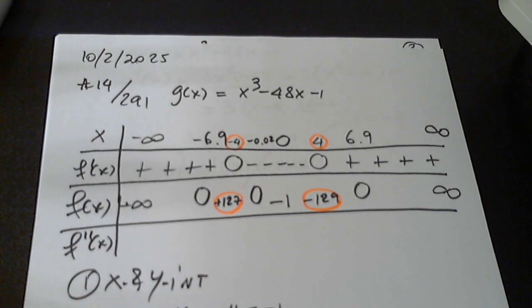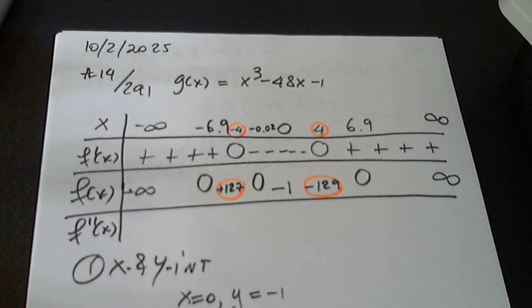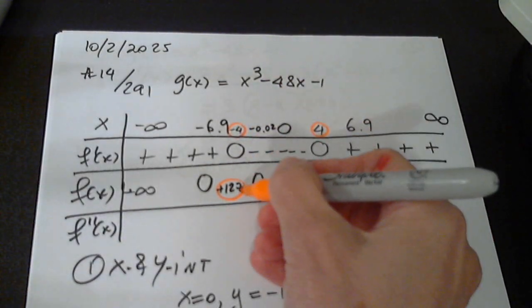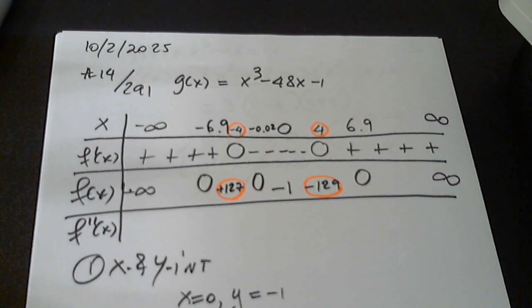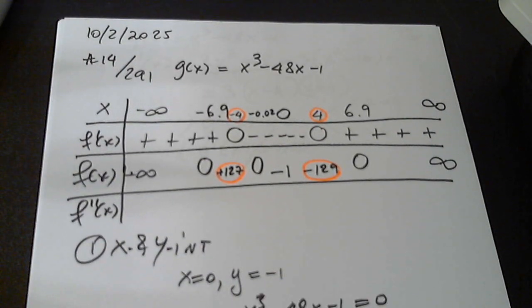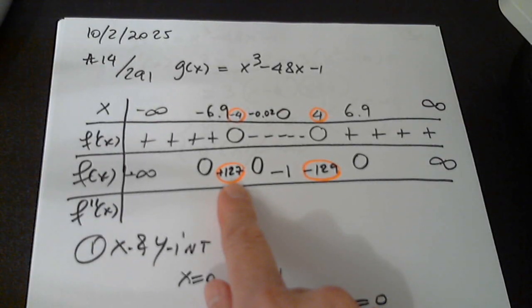Can anyone tell us what they are? Negative 4, comma 127 and positive 4, comma negative 129. What are they? What is the first one? The first one is a relative maximum. Indeed. Excellent.